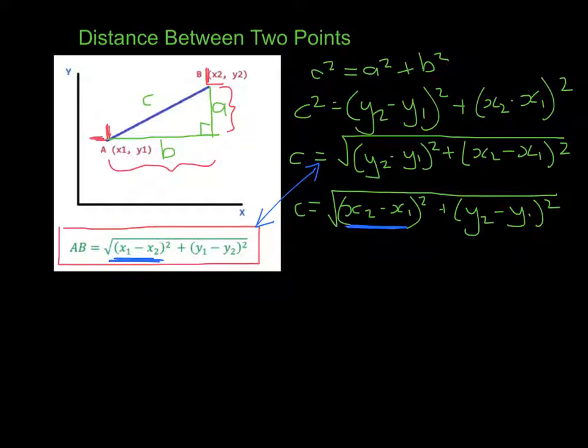In fact, it doesn't matter what order the x terms and the y terms are in, because once we've squared x1 minus x2 or y1 minus y2, then they're always going to be positive and always going to be of the same size, which gives us the result that we really want to have, which is a positive distance. That's how we determine the distance between 2 points on the number plane.